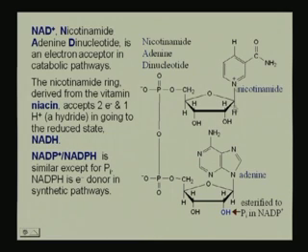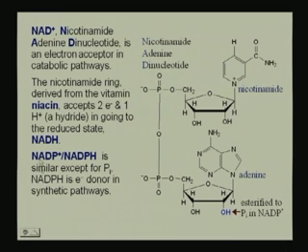This is NAD plus; this particular nitrogen has a positive charge. The only difference between NAD plus and NADP plus is that this 2' OH on the adenine nucleotide is phosphorylated. We have NAD plus when we have the OH here, and we have NADP plus when we have the phosphate here.